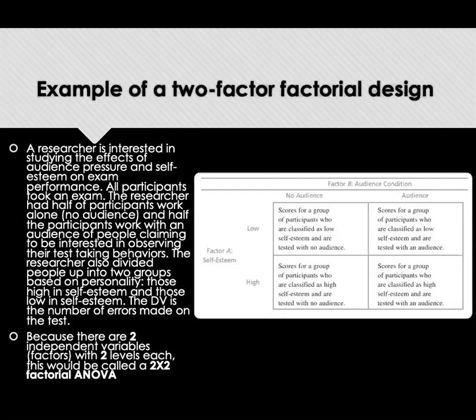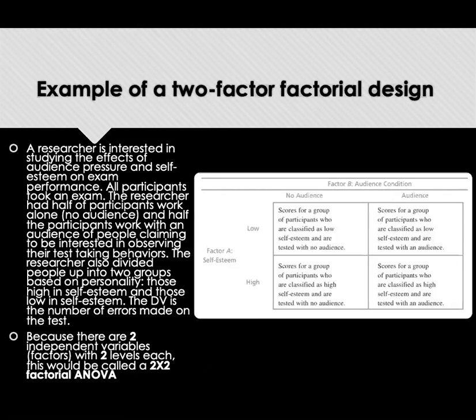Here is an example of a 2-factor factorial design. A 2-factor factorial design would have 2 numbers, right? And depending on how many levels are in each factor, that would tell us what the 2 numbers are, okay? So for this example, a researcher is interested in studying the effects of audience pressure and self-esteem on exam performance. All participants took an exam.